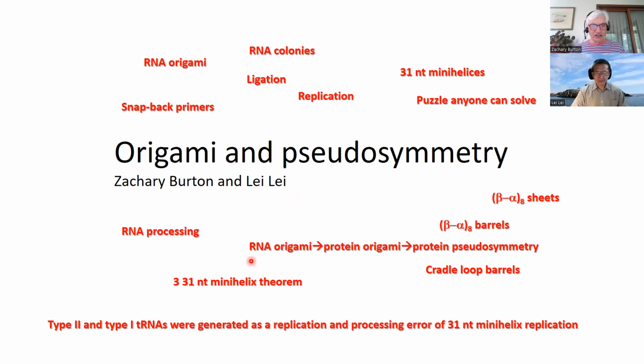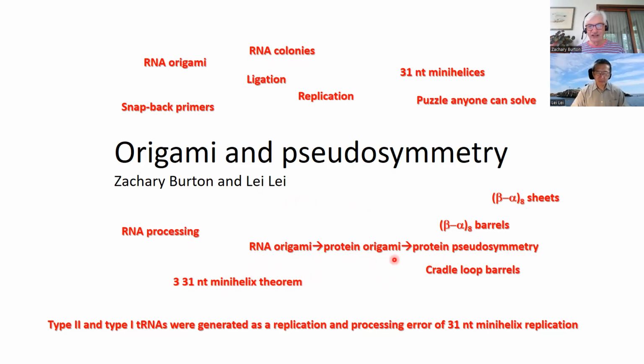So we're going to talk about RNA origami, protein origami, and protein pseudosymmetry. I'm not sure that RNA origami is really the right way to describe this. It maybe is more like RNA macrame, but RNA isn't paper and it's not string, it's RNA, and it combines in ways that I can describe this way.